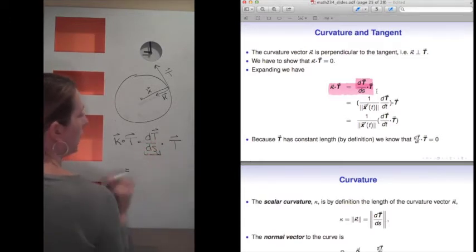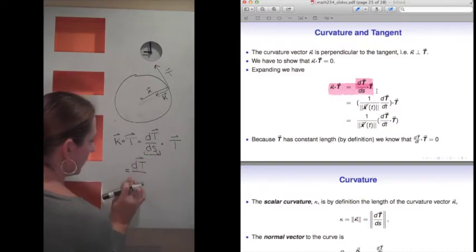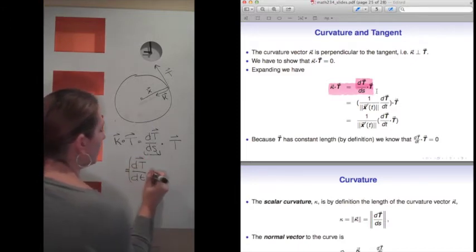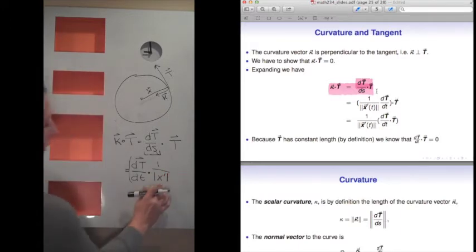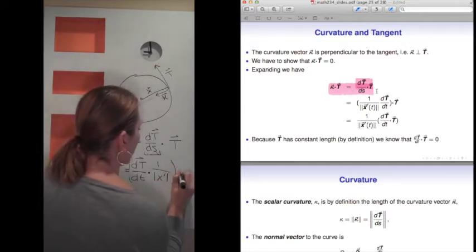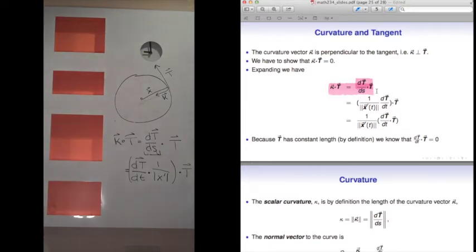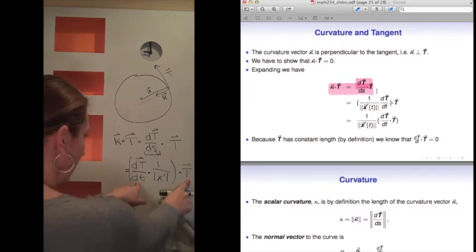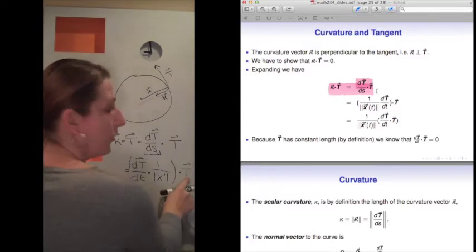So this is dt, the derivative of the tangent vector with respect to t, times our correction term, and then its inner product with t. So in this case, we have the derivative of t with respect to t and the inner product with t.